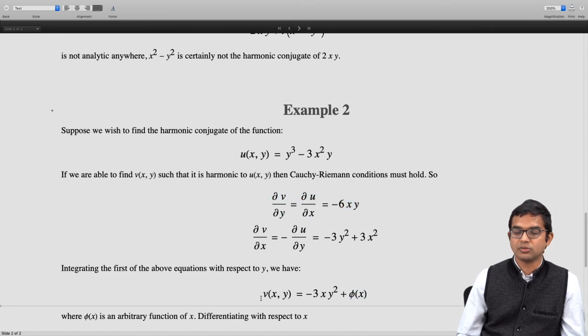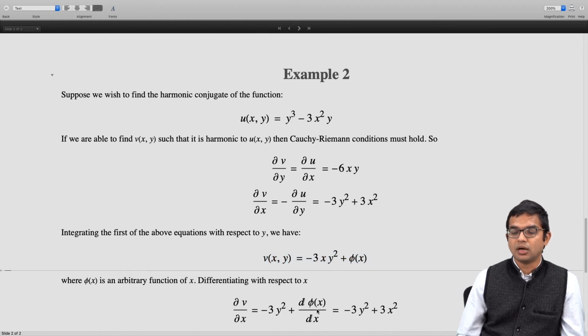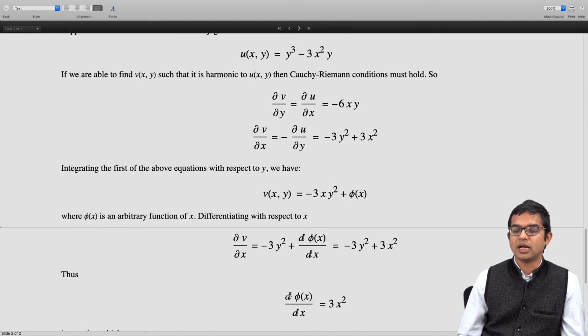But on the other hand, if you differentiate with respect to x, then we have dou v by dou x is equal to minus 3y squared plus, now we don't need a partial derivative, it's just a full derivative, d by dx of phi of x, which we already know must be equal to minus 3y squared plus 3x squared. So the 3y squared cancels on both sides, and we are left with d phi by dx equal to 3x squared, which is very straightforward.